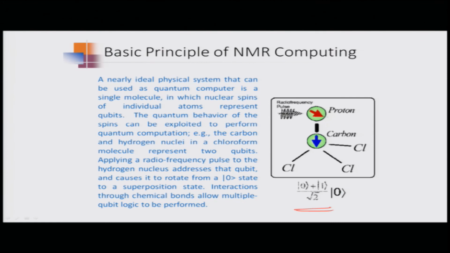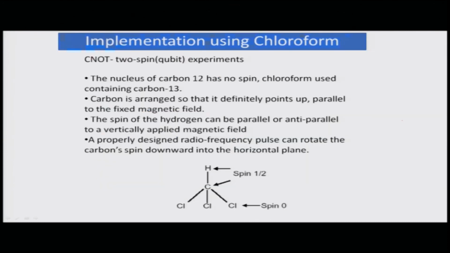By using this chloroform molecule, where the carbon and the proton were used, a radio frequency pulse was used to address the hydrogen nuclei and cause it to rotate from a 0 state to a superposition state. Interactions through the chemical bond would allow multiple qubit logic to be performed. So, this was one of the first cases which was shown.